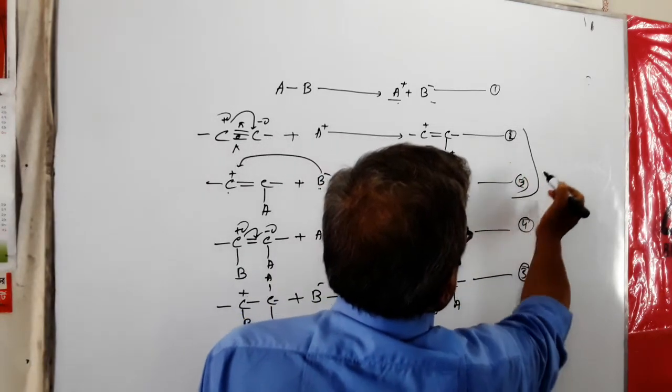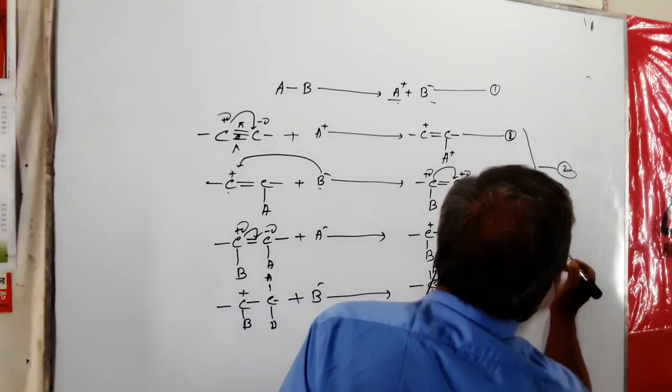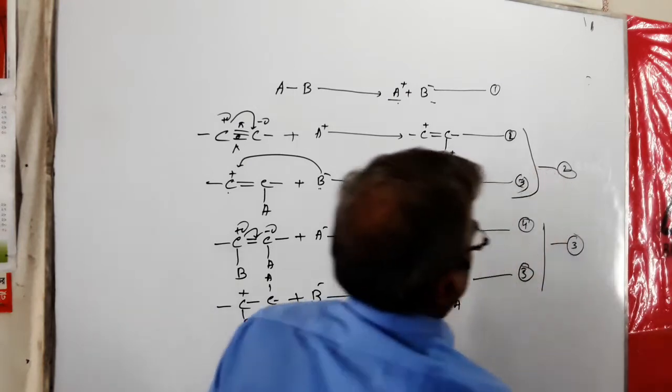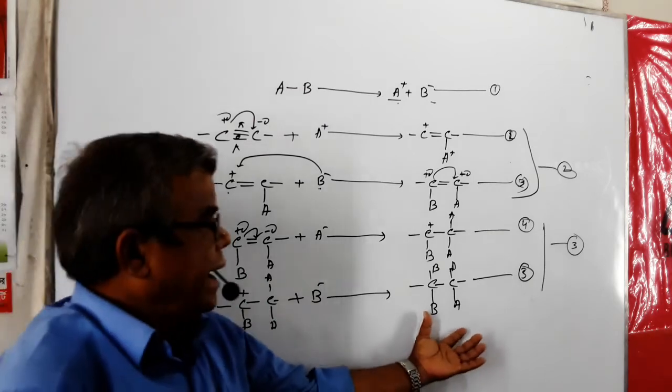Steps 2 and 3 are the same step, step number 2, and 3 and 4 are the same step, that is main step number 3. This is the addition product.